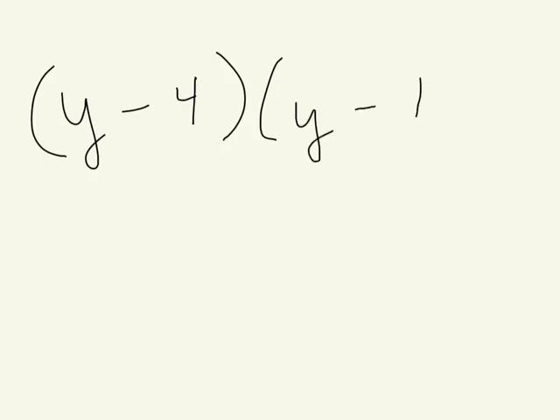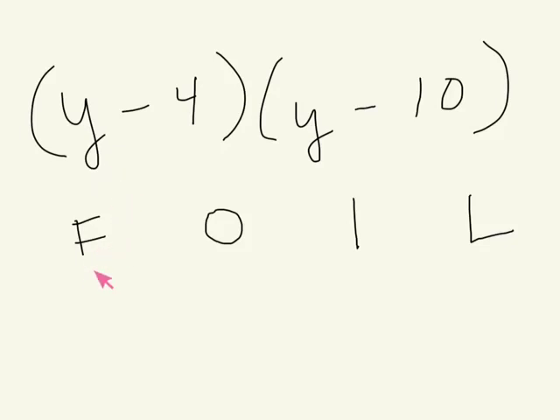They're going to show you the FOIL method. Let's say you had this, y minus 4 times y minus 10, and they show you FOIL.